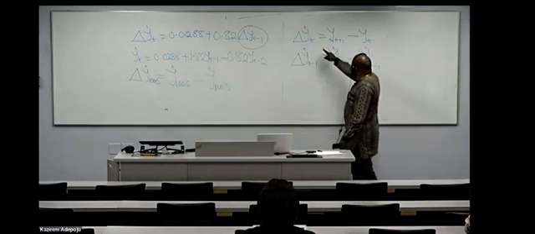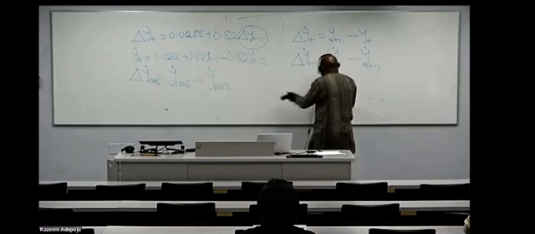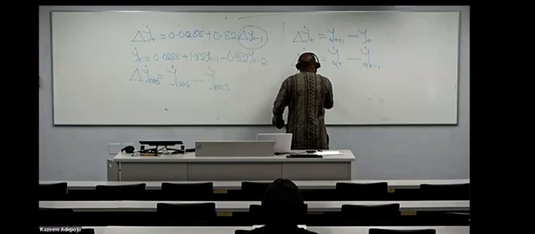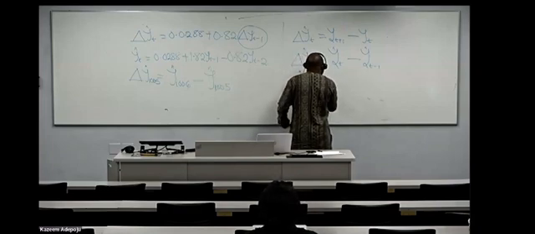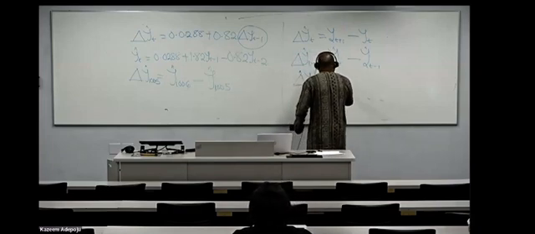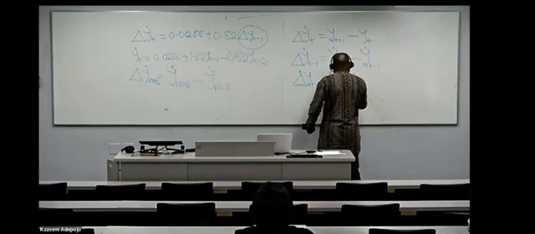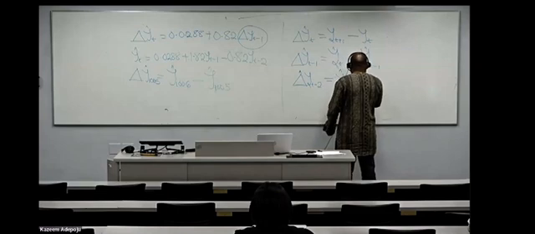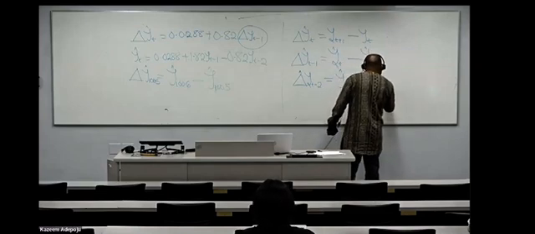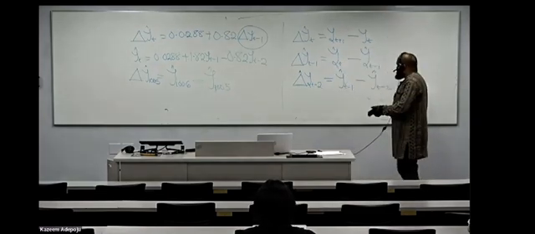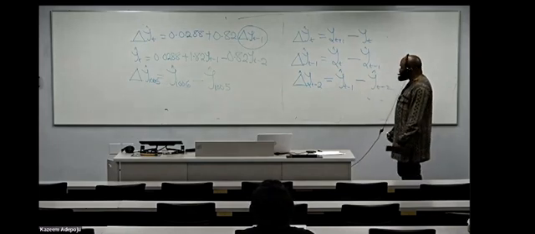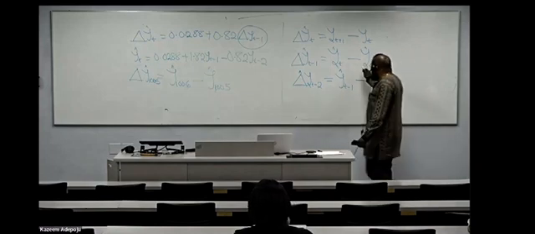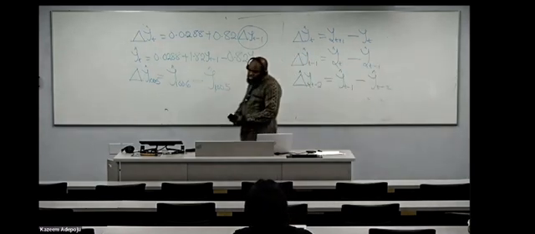If I continue to go like that, let's say for instance I have t minus 2, this is going to be yt minus 1 minus yt minus 2. I can continue to go all the way. Does that make sense?